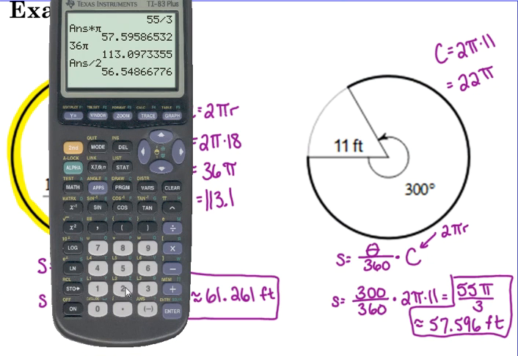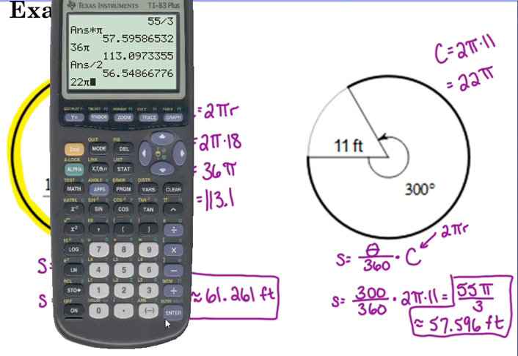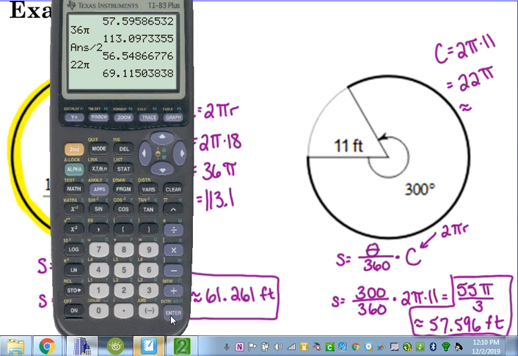So the whole circumference over here is going to be 69.1. This one is almost the entire circumference. So the answer choice of 57.6 makes sense because it's the majority of the circle there.